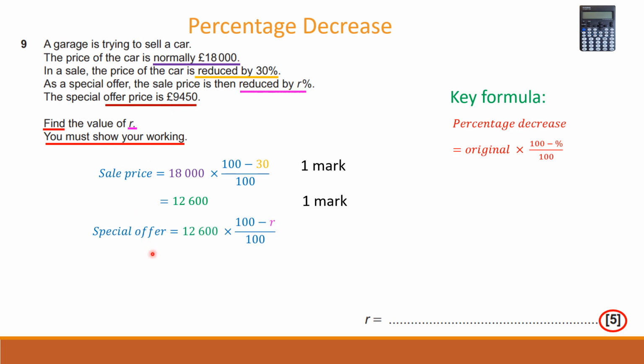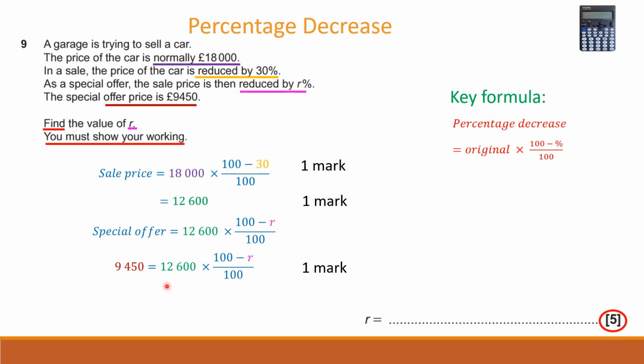So my special offer is the answer we just got, 12,600, times my new multiplier, which will be 100 take away R, because the new amount has been reduced by R, divided by 100. We know our special offer is going to be 9,450. So that's going to equal 12,600 times 100 minus R, all over 100, for your third mark.